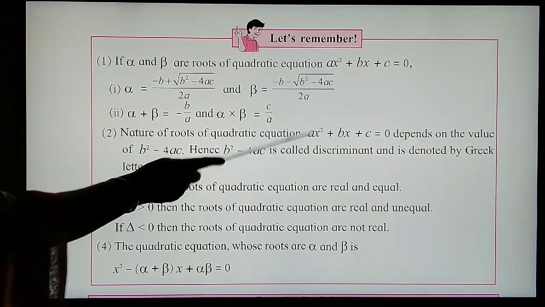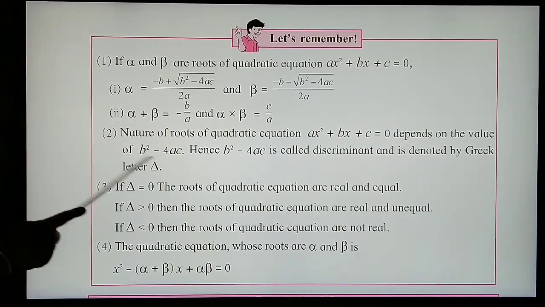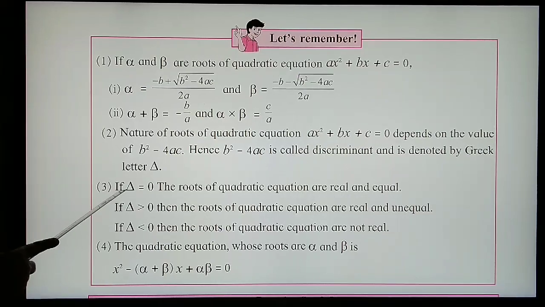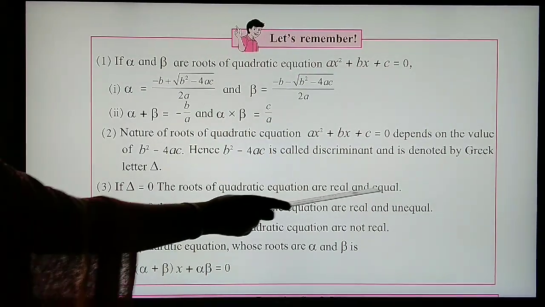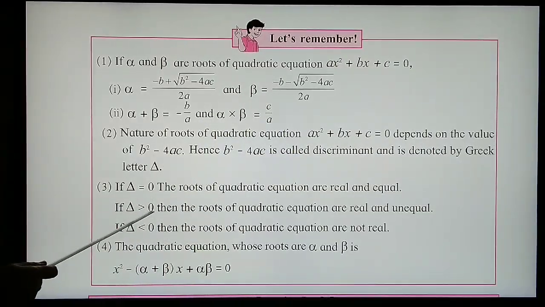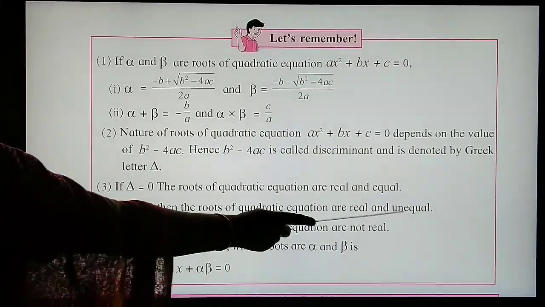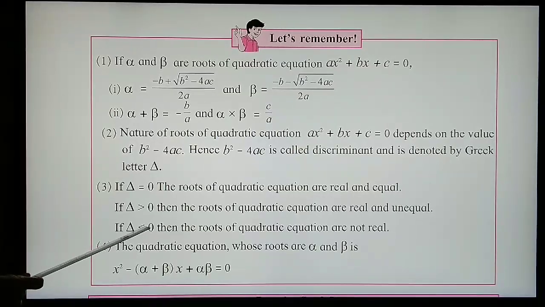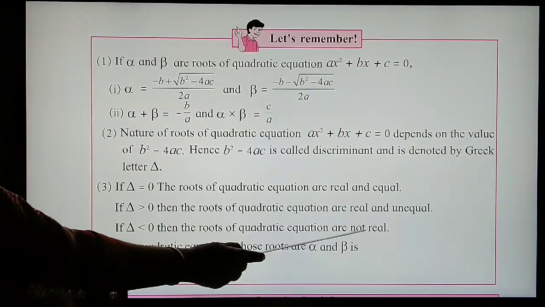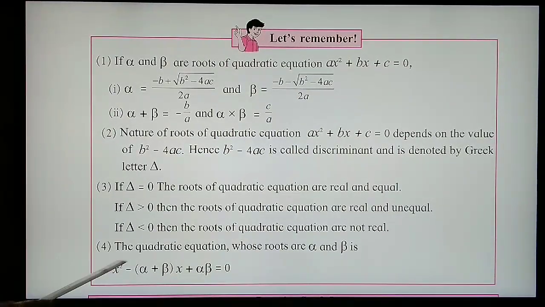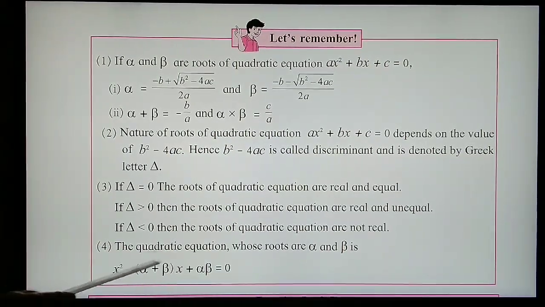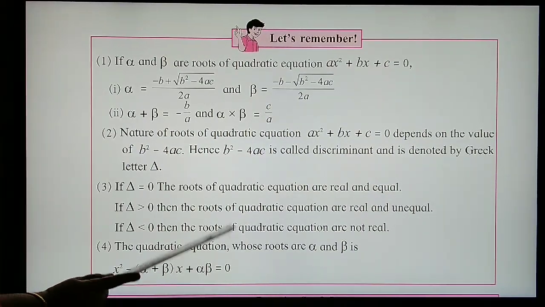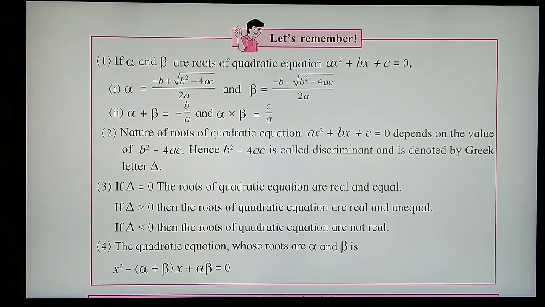Now the nature of the roots of a quadratic equation depends on the value of the discriminant. When delta is equal to 0, the roots are real and equal. Delta greater than 0, the roots are real and unequal. And delta less than 0, the roots are not real. And this is our quadratic equation when the roots are alpha and beta: x square minus alpha plus beta into x plus alpha into beta equal to 0.